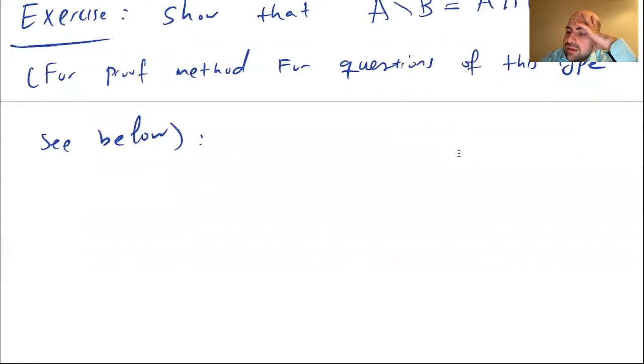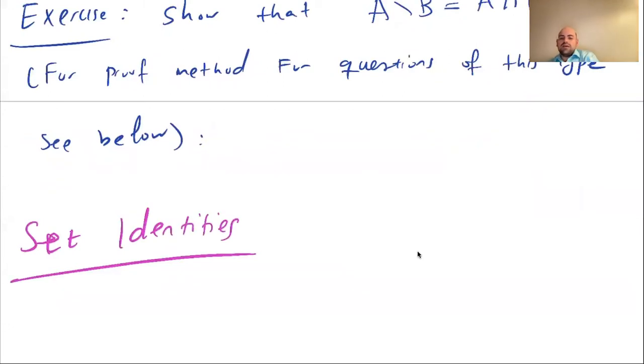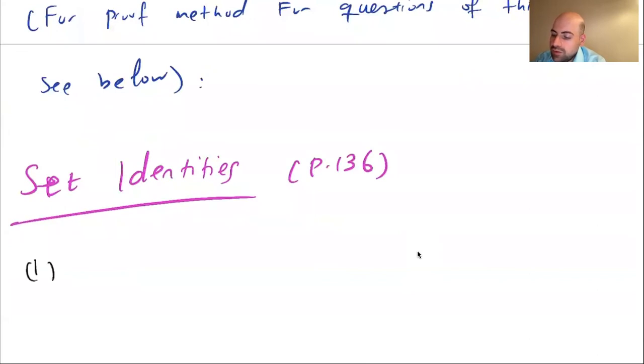So set identities. There is a table in your book about set identities, page 136. So please take a look at this table, but let's list a few of them because we want to prove a few of them. So one is the one that we mentioned, let me repeat one more time: A minus B is equal to A intersection B complement.